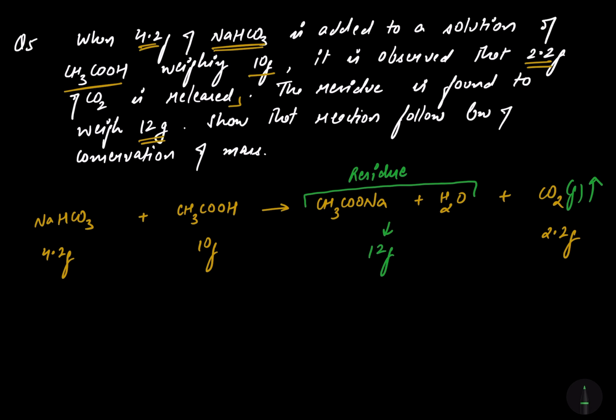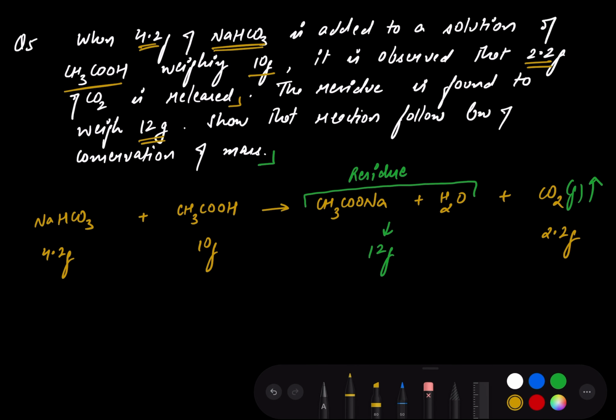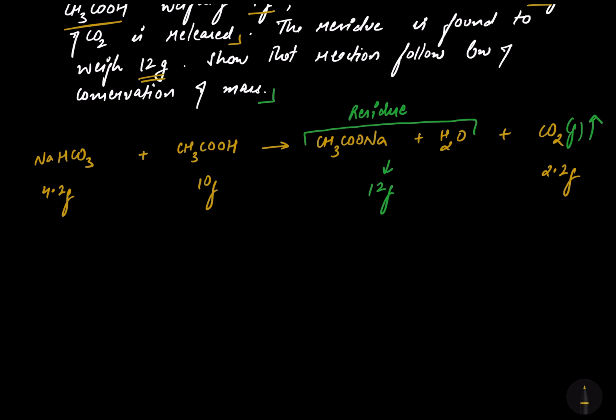Show that the reaction follows the law of conservation of mass. Here I have to prove, is this reaction following the law of conservation of mass? For that, I have to evaluate the total mass of reactants and the total mass of products. So here I am writing total mass of reactants.